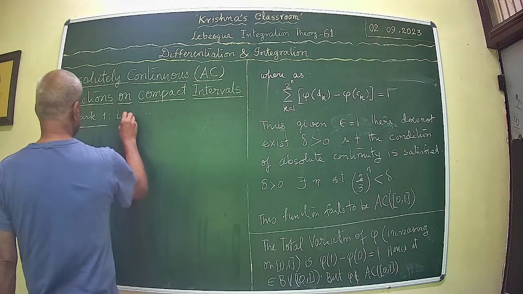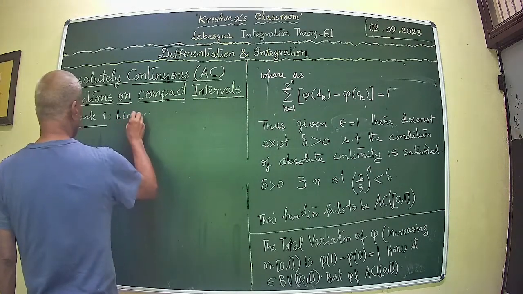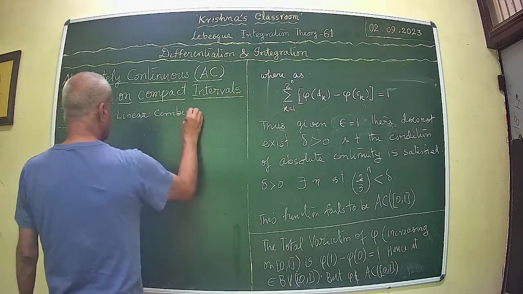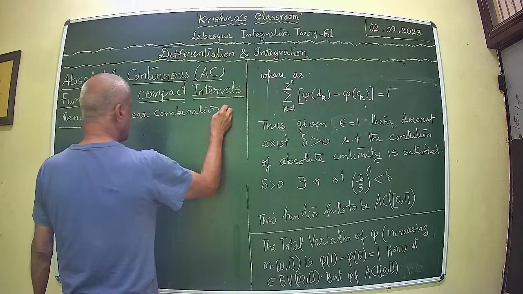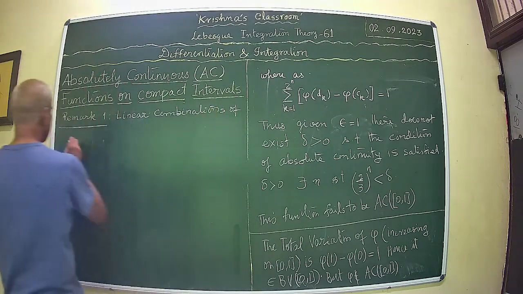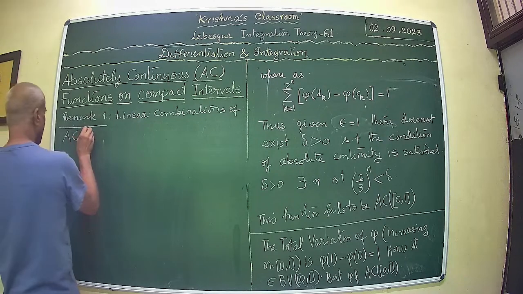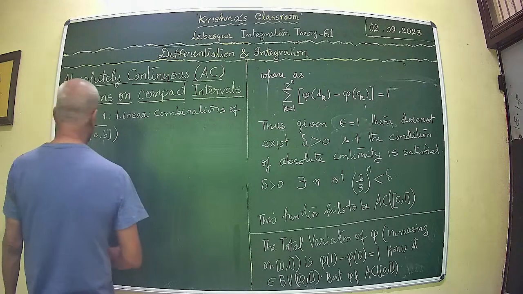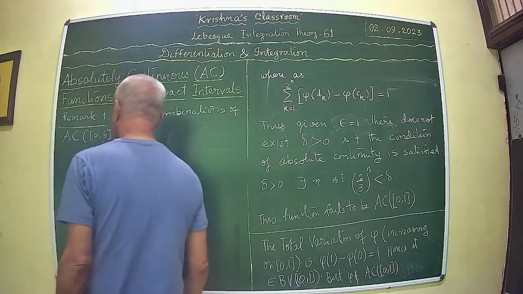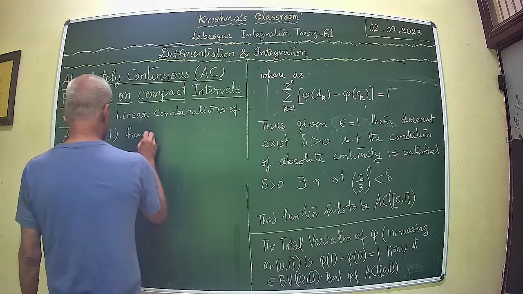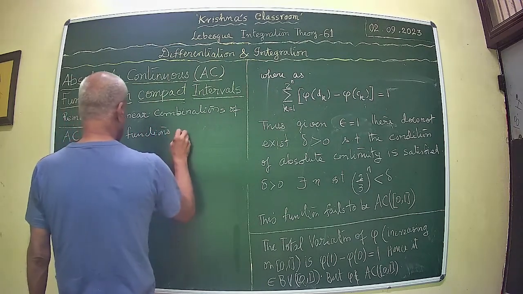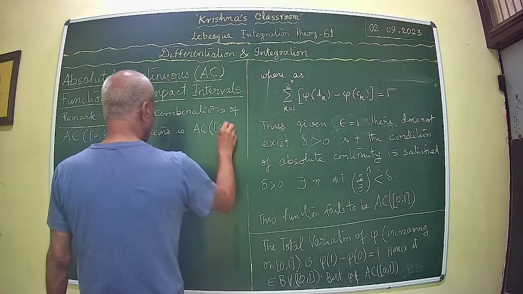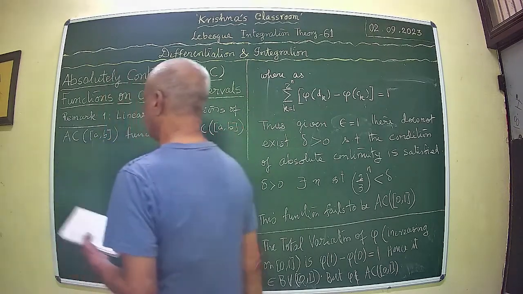Linear combinations of absolutely continuous functions are absolutely continuous, that's quite easy to see.